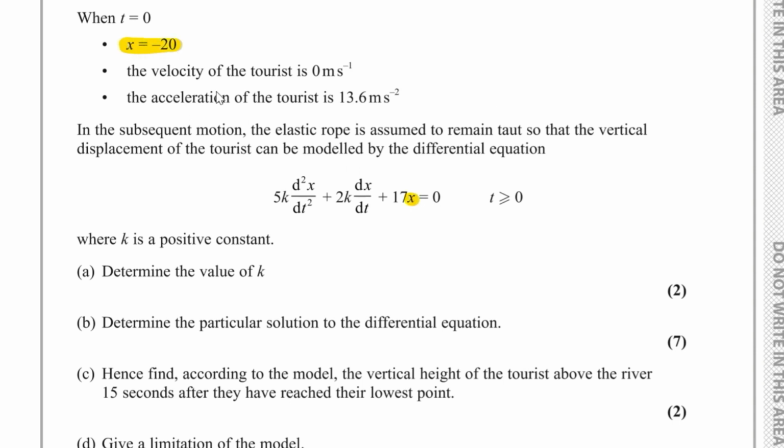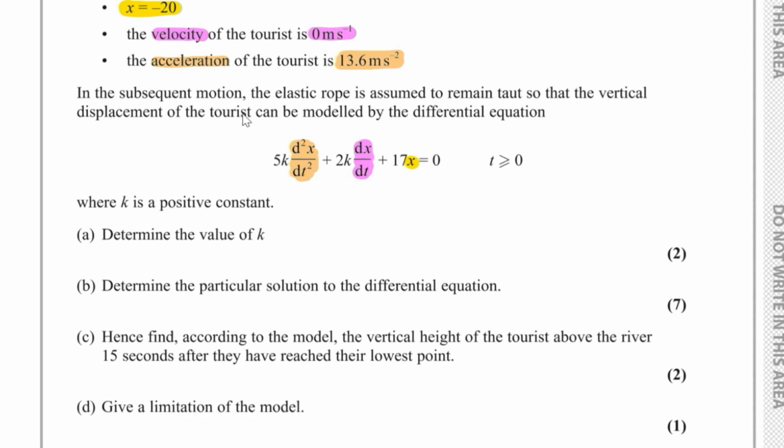We also know the velocity is 0 meters per second. Velocity, that's displacement differentiated with respect to time. And the acceleration is 13.6 meters per second squared. So that's what d squared x over dt squared is. We can substitute these values in to this differential equation to find the value of k.